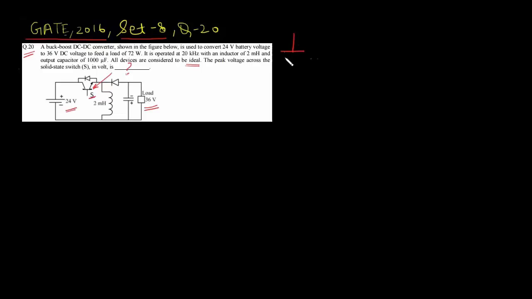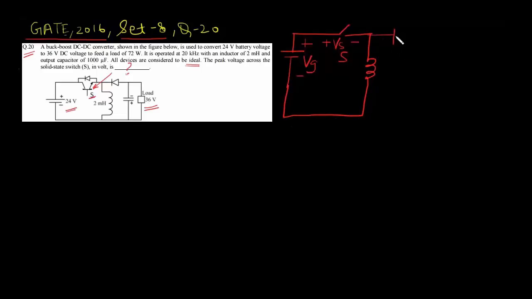Here is the schematic of buck boost. We have input voltage VG, let's say. We have one control switch S. Voltage across this switch S is plus Vs. A diode and output RC stage.